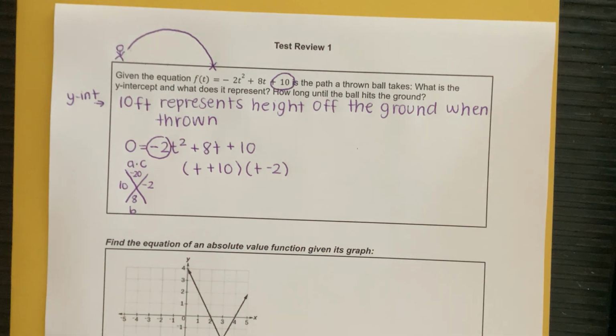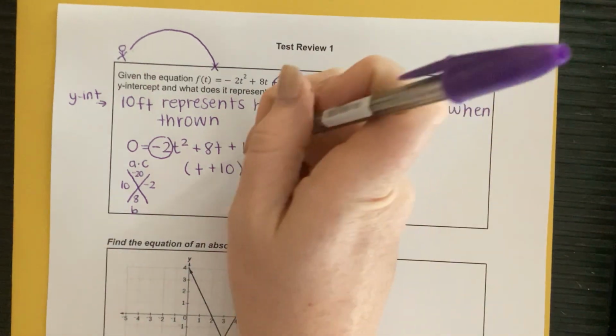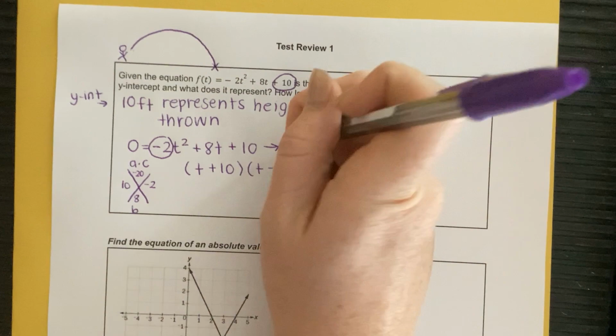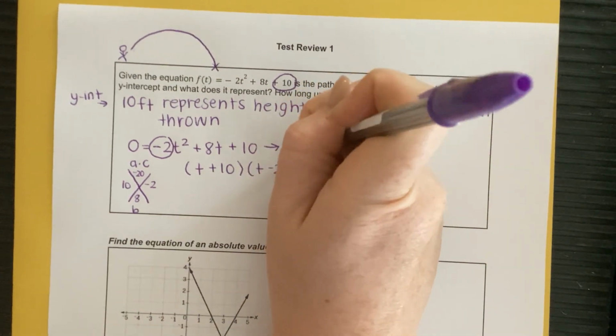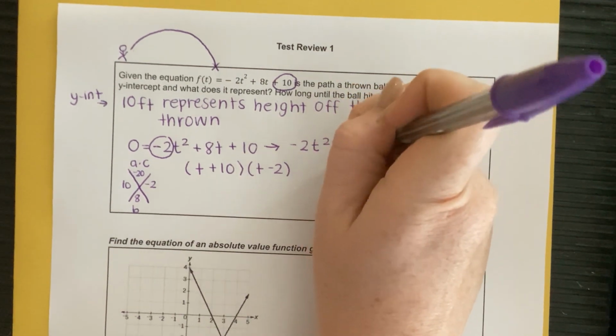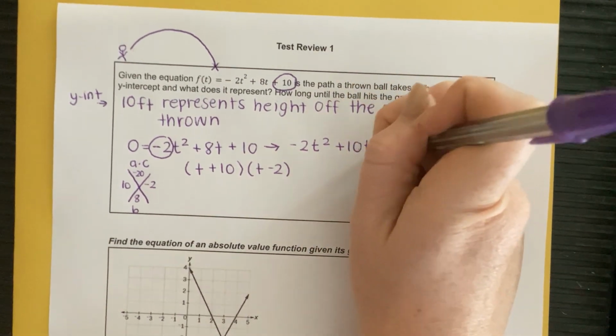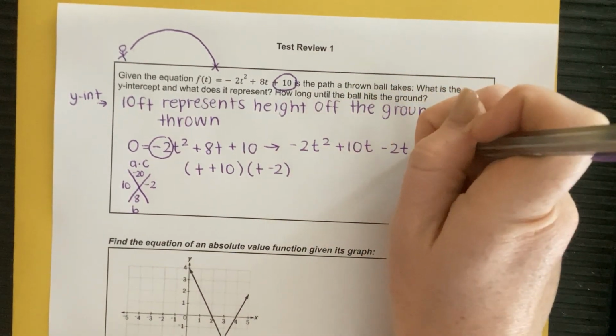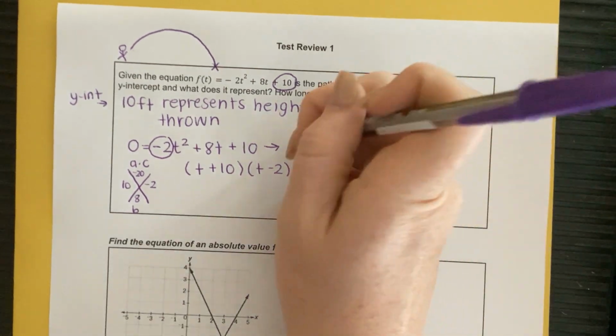So that's called the bottoms up method. And if I'm dividing by that negative 2, or if you think about rewriting it like this, you rewrite it as negative 2t squared plus 10t minus 2t plus 10.